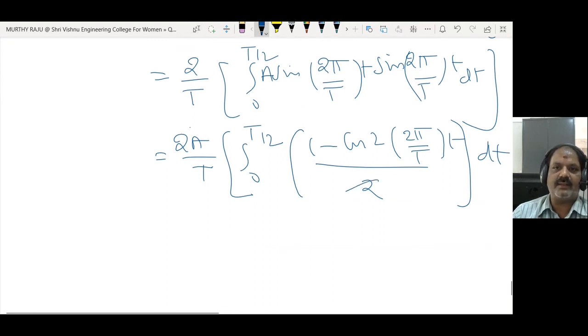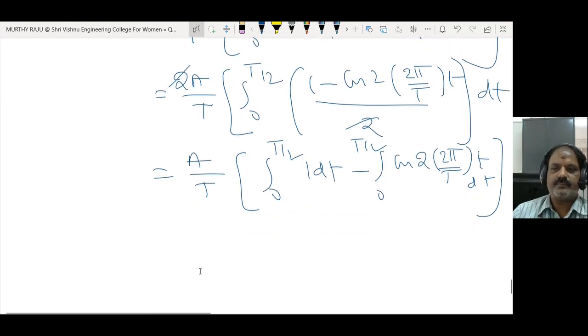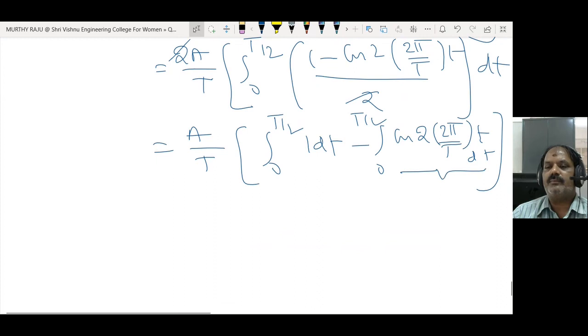Here the 2 cancels. A by T, integral 0 to T by 2 of 1 dt minus integral 0 to T by 2 of cos 2 into 2 pi by T t, this value is 0.